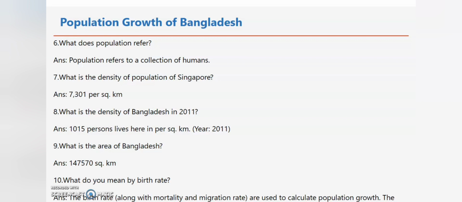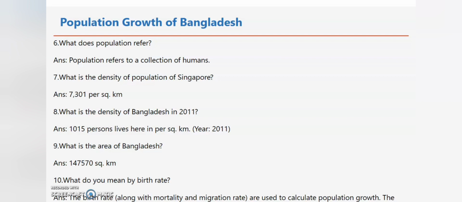Now my next question is, what is the density of Bangladesh in 2011? Yes, in 2011, 1,015 persons live here per square kilometer. Now tell me, what is the area of Bangladesh?